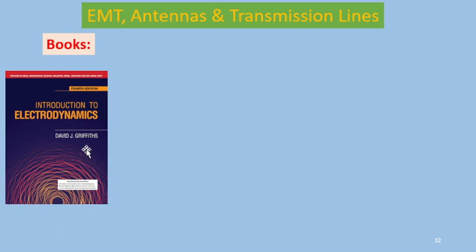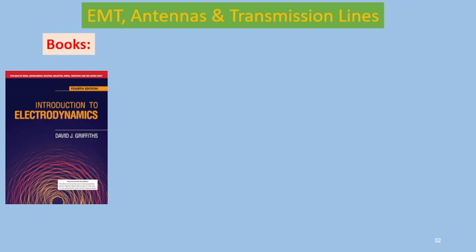Electrostatics, magnetostatics, plane waves, everything is covered well, and radiation a little bit, only the dipole. But antennas are not covered in this book. So if you want to understand more about antennas, radiation, transmission lines, you need to go to another book. This is only for the first part, the EM theory part.